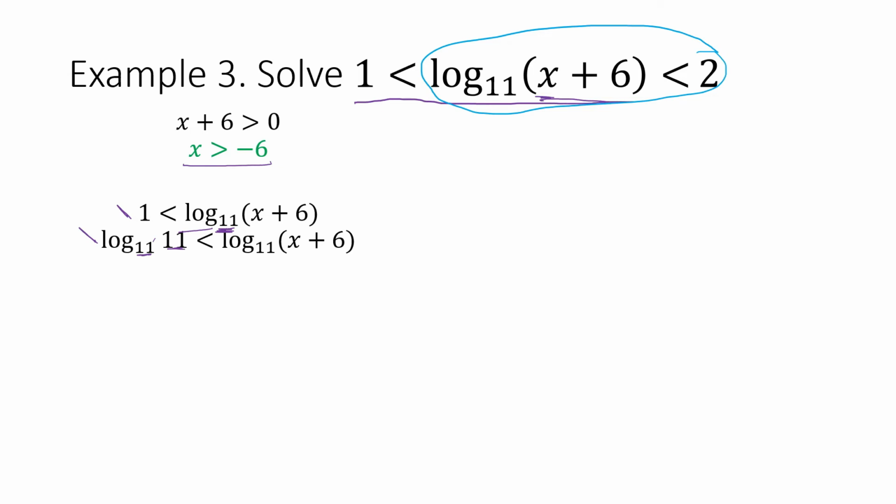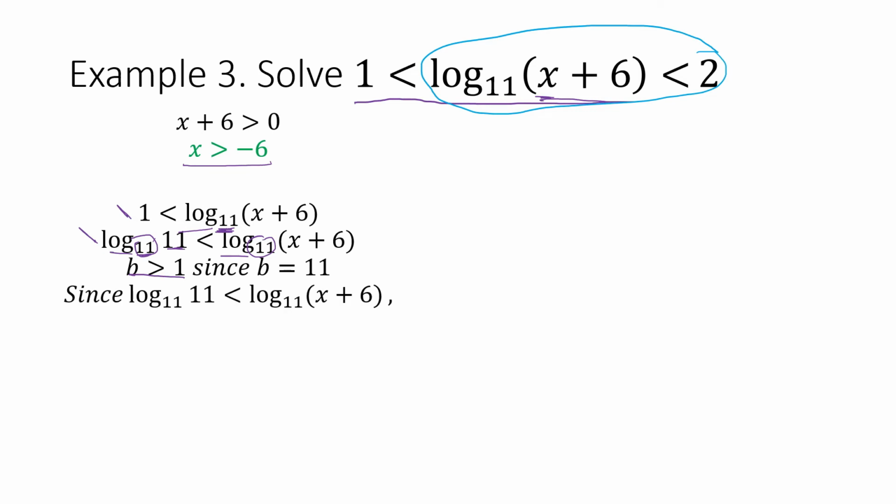Now that both sides of the inequality are logarithms to the base 11, we may consider the value of b. Since b, the base, is 11 and it is greater than 1, we follow again the property of logarithmic inequality that tells us the inequality symbol will be retained.